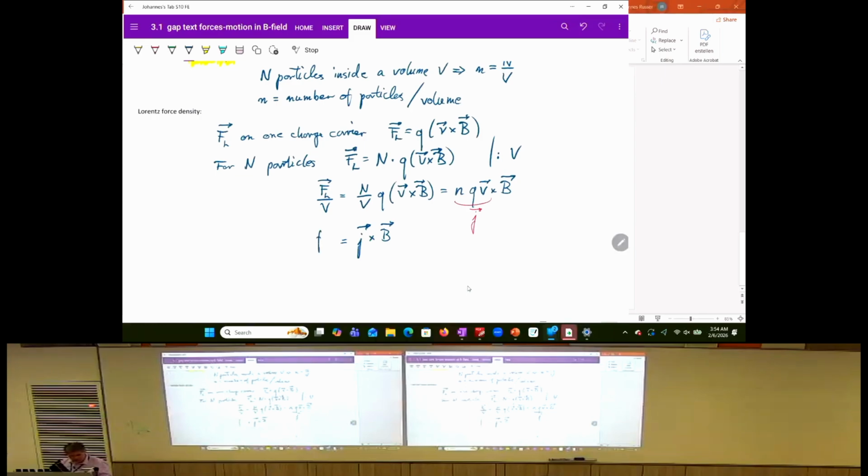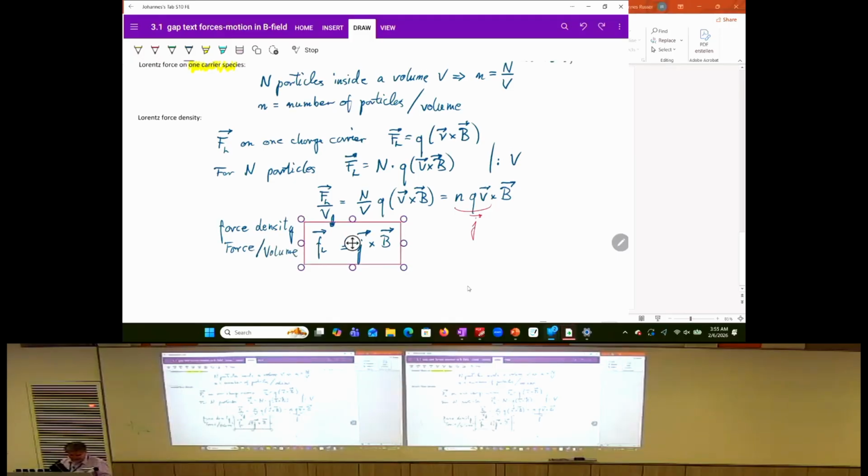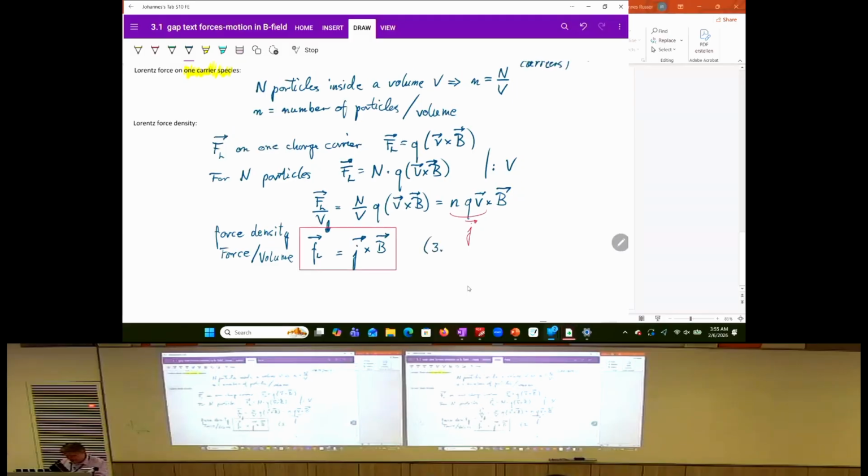This becomes a small f, and it's also a vectorial quantity. This is known also in the printed note as equation 3.9. That's the Lorentz force density. This is acting on a current density.